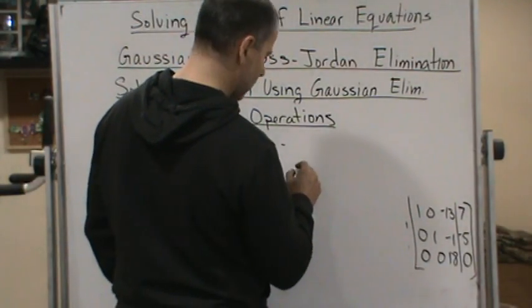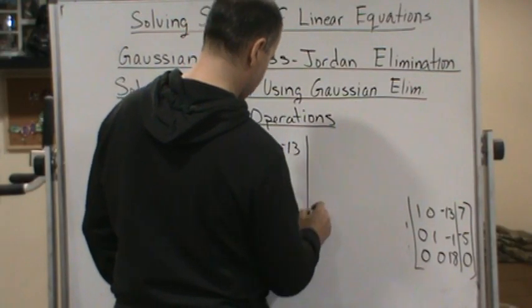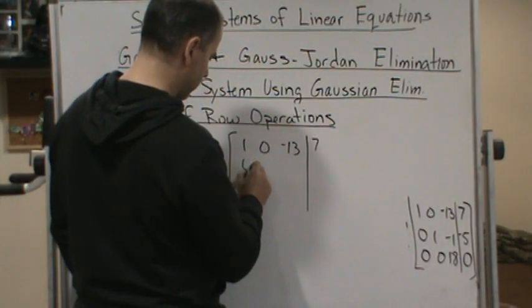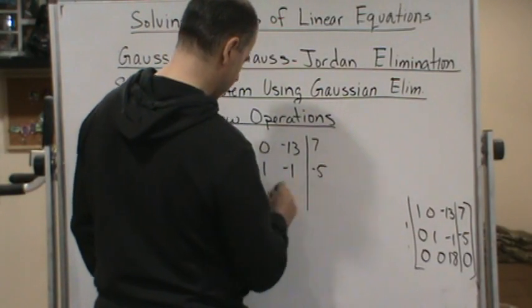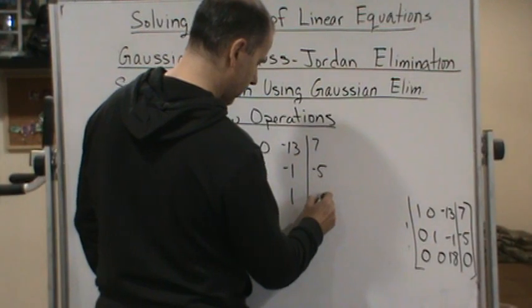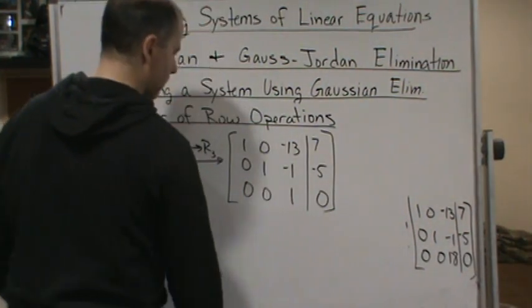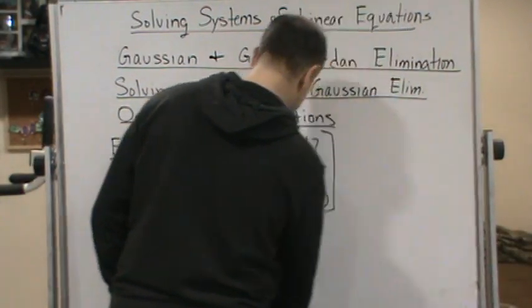So 1, 0, negative 13, 7, and then 0, 1, negative 1, negative 5, and then 0, 0, 1, 0. Okay, now we're not done because we're using the Gauss-Jordan method, so now we're at the bottom.